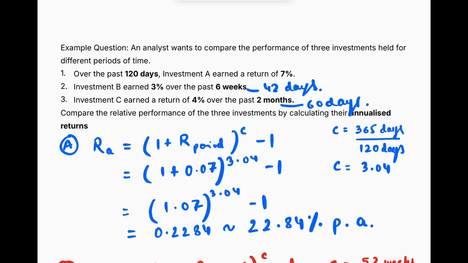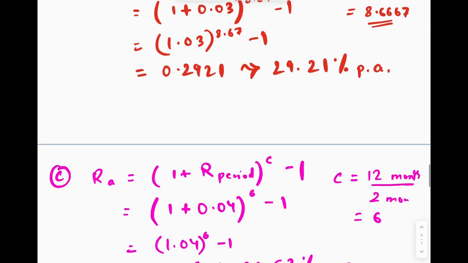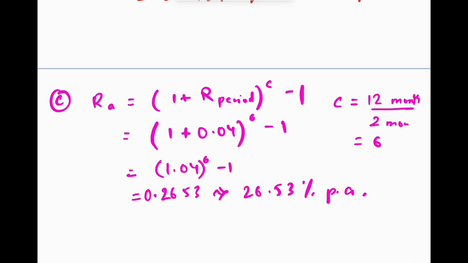So investment B has the highest return because the compounding, or the charging of interest, happens every 42 days. In investment A you are getting it every 120 days, and in investment C every 60 days. So even though this percentage might have seemed low, because of compounding you're getting the highest rate. I hope you have understood the concept of annualizing returns given for different periods.